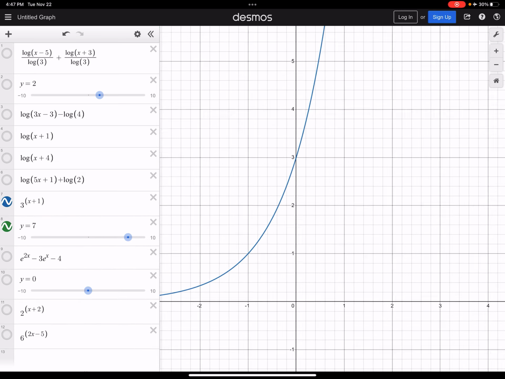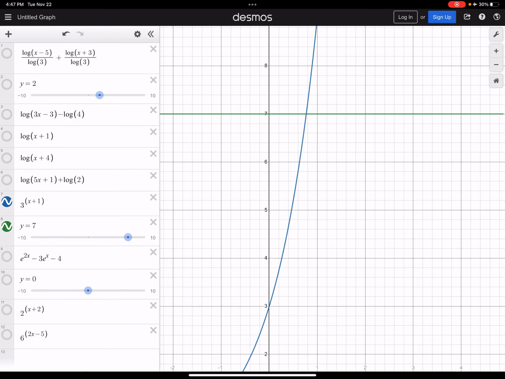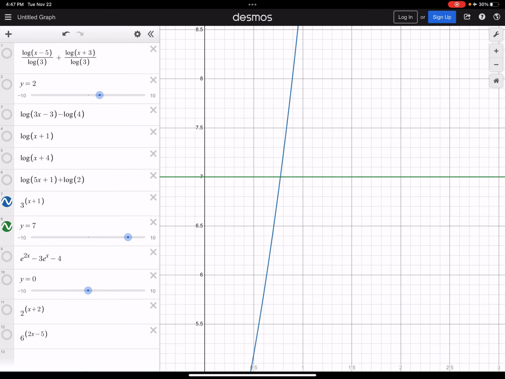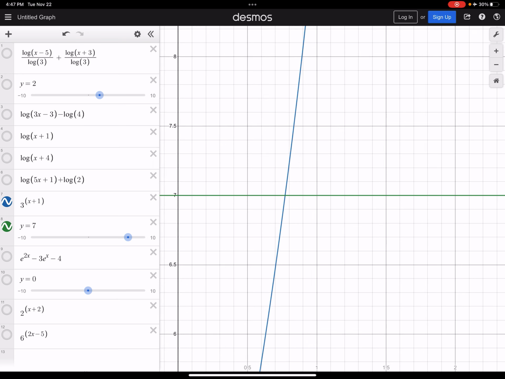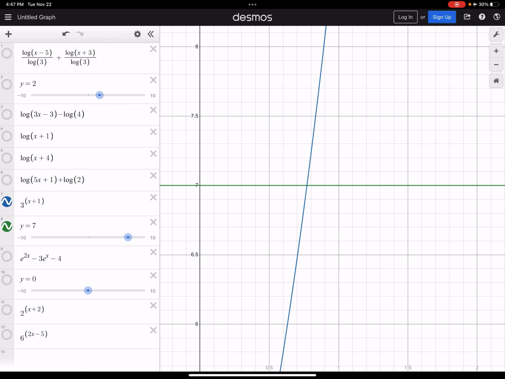Okay, there we go. And y equals 7. So we're looking at when 3 to the x plus 1 equals 7, and we can see right there our answer. We had thrown that into our calculator and we had gotten approximately 0.77124, and we can see that's showing up right there. At 7 we get 0.7712.